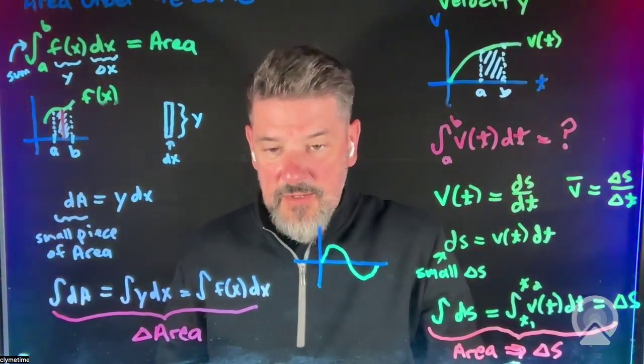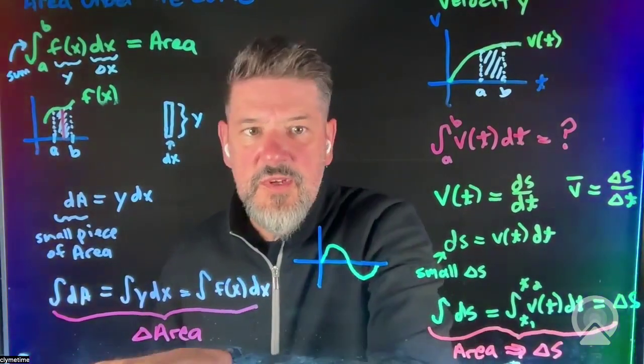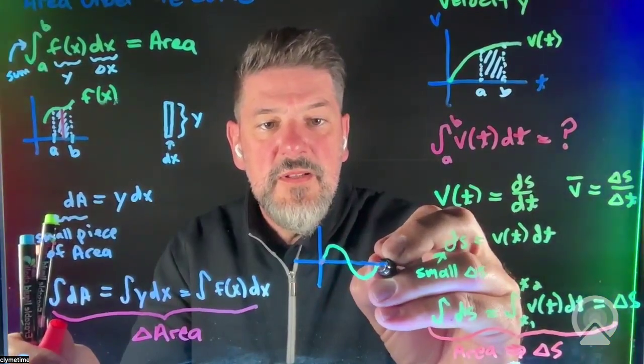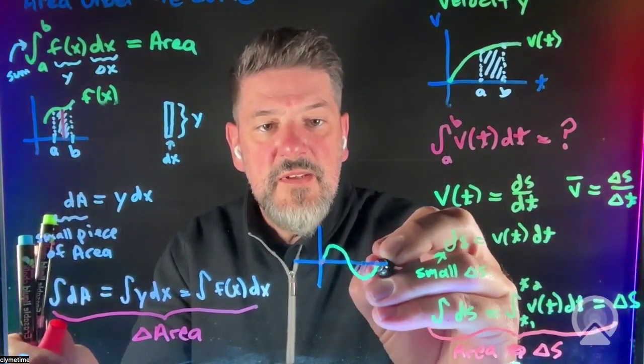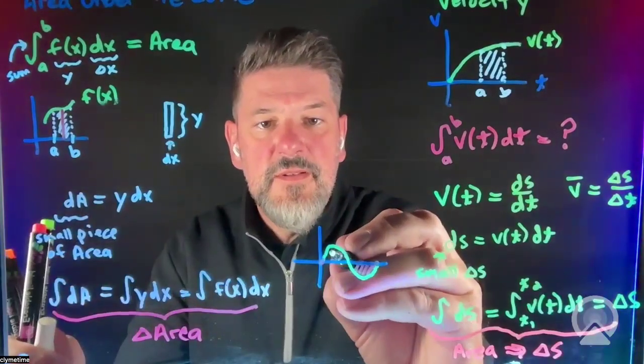So sine and cosine looks something like that. And if you look between this A and this B, then this area would be negative, and this area up here would be positive.